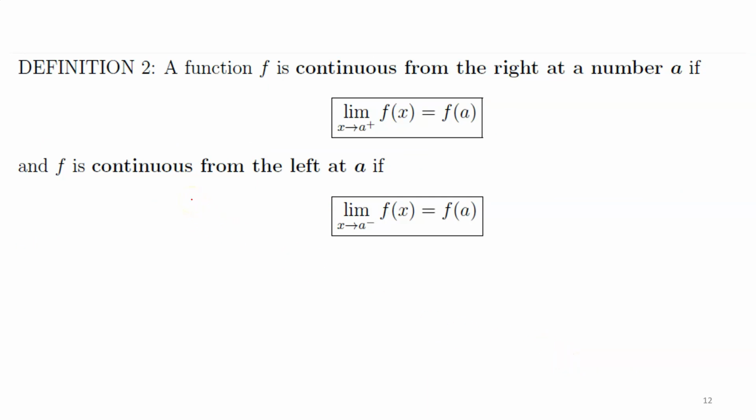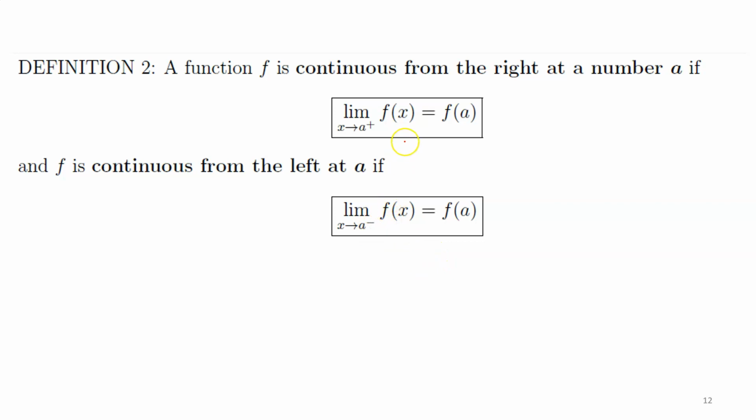Okay, that one is for when the limit is discontinuous. You need to identify dekat mana dia tidak bersambung. Okay, definition 2: a function f is continuous from the right at a number a if, okay, dia kata dia bersambung dari sebelah kanan if the limit of f(x) as x approaches a from the right is equal to f(a), and the same goes for the limit from the left.